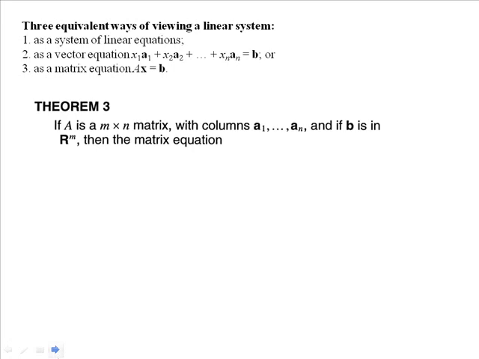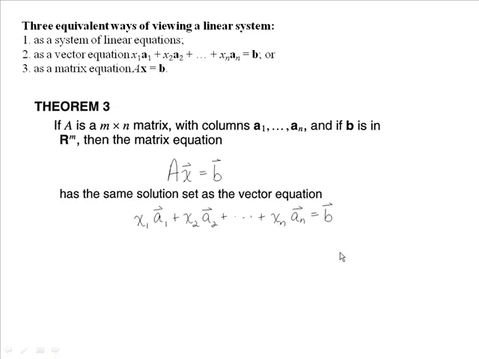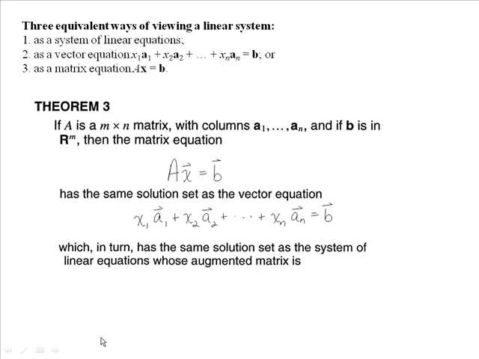If A is an m by n matrix with columns a1 through an, and if b, a vector, is in Rm space, then the matrix equation Ax equals b has the same solution set as the vector equation x1a1 plus x2a2 plus all the way up to xn times an equals b, which in turn has the same solution set as the system of linear equations whose augmented matrix is made up of the vectors a1 through an and the vector b.